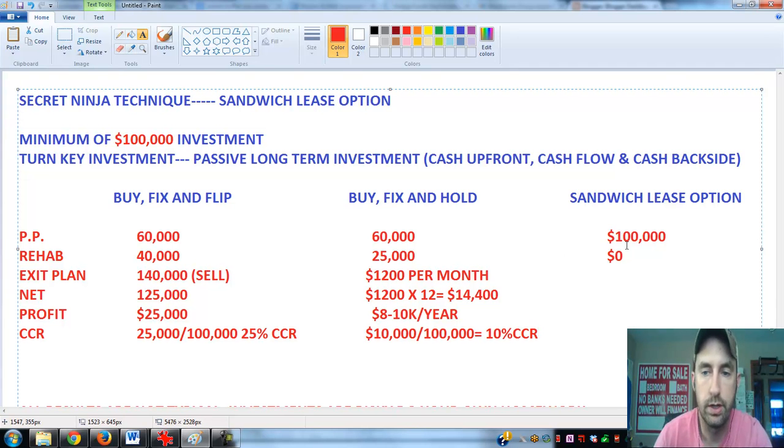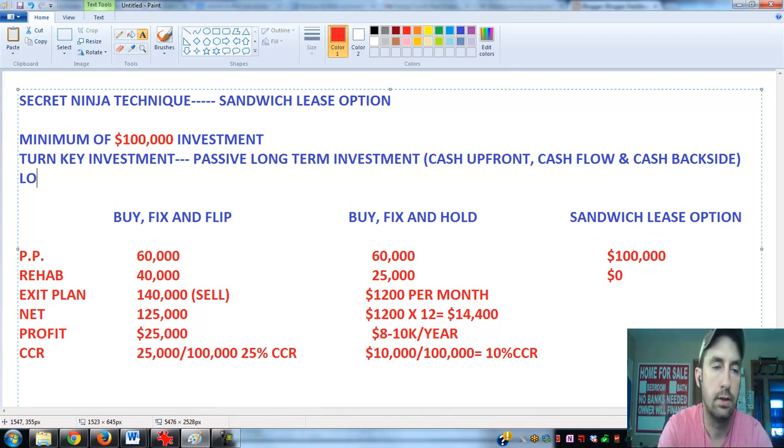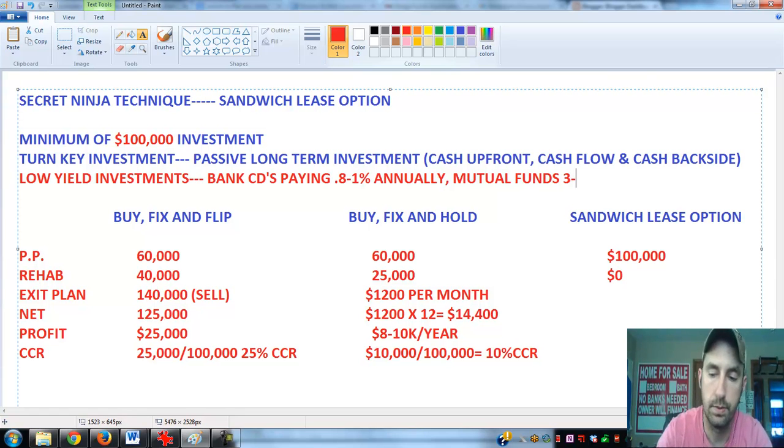I think if we compare the other types of investments out there today, low yield investments, we've got bank CDs paying 0.8 to 1% annually. Mutual funds, maybe 3 to 5%.